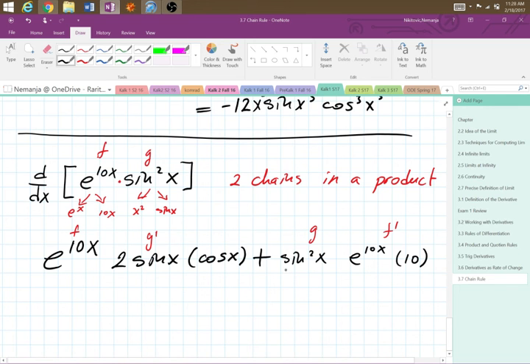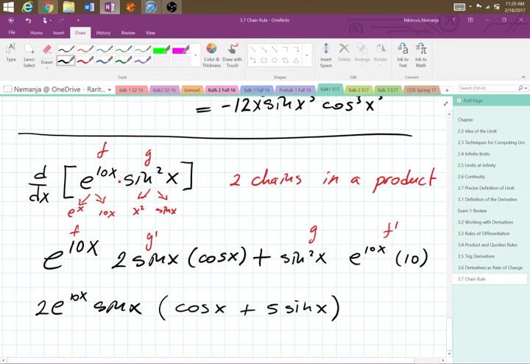But you have a sine squared x in the second one, and solving equations that way, where you have 2x in one and x in the other, is a living nightmare. So we are actually going to factor out 2e to the 10x sine x, and the only thing left in the first term is cosine x. On the second one you have 5 sine x, because one sine is factored out. So this would be the factored out solution.